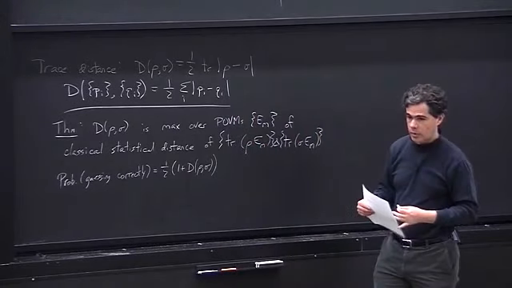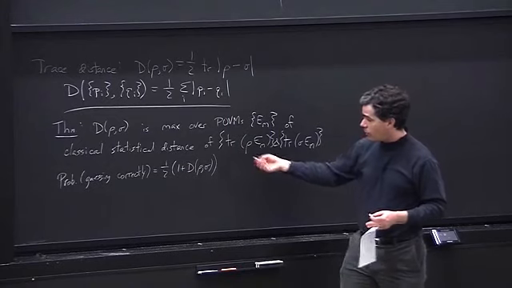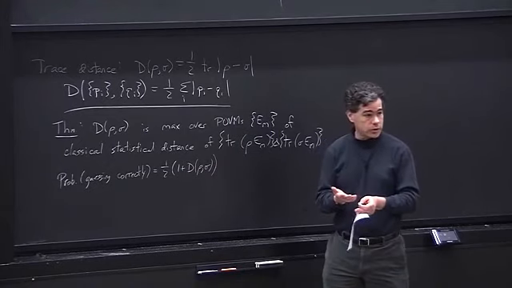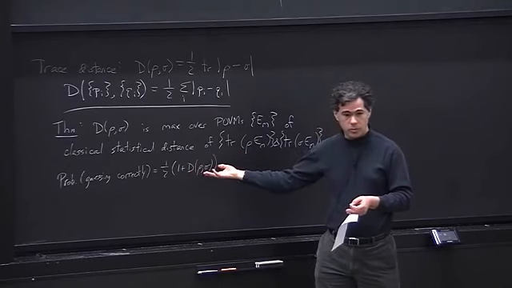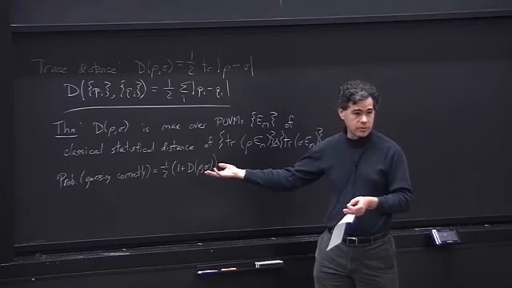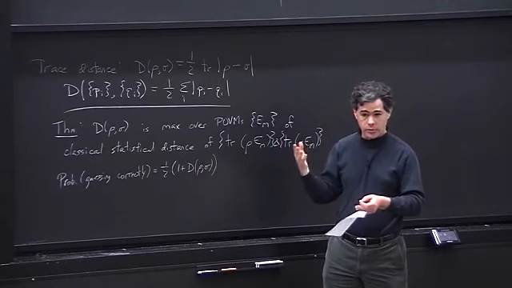Okay? So again, you see if the trace distance is small, the states are very similar, and you have not much better than random chance of guessing. Whereas if the trace distance is large, then you do have a good chance.